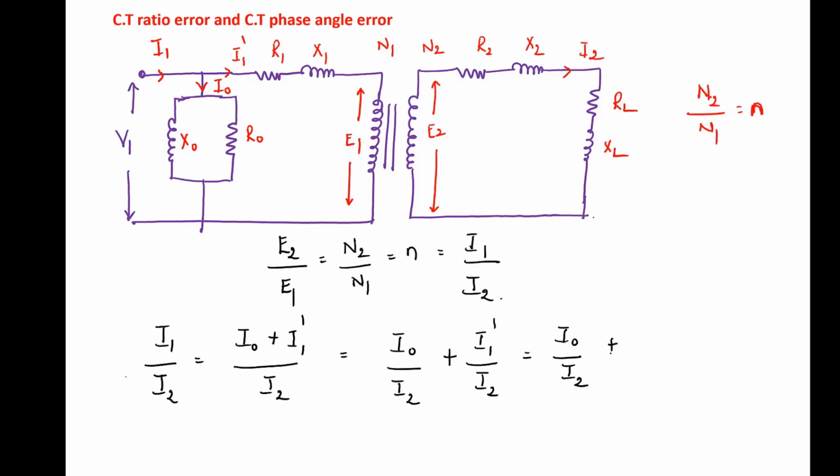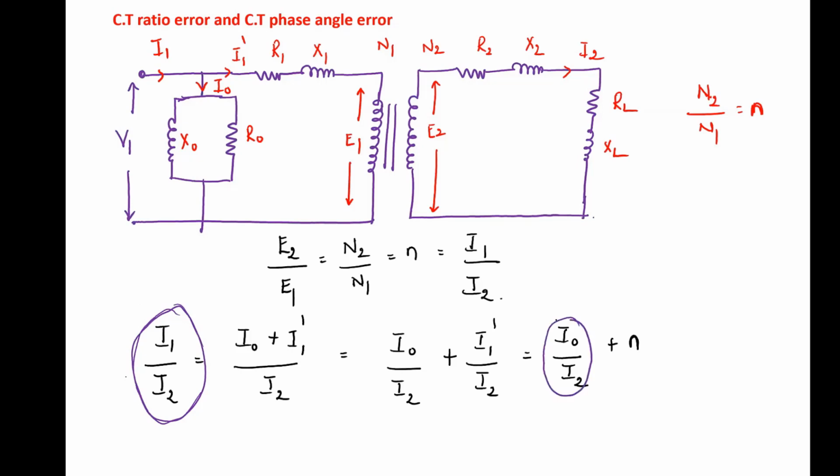This value will become nominal turns ratio n. So for all practical purposes, we treat the exact ratio of I1 by I2 as the nominal ratio, but however, there is a small component that is causing the error.